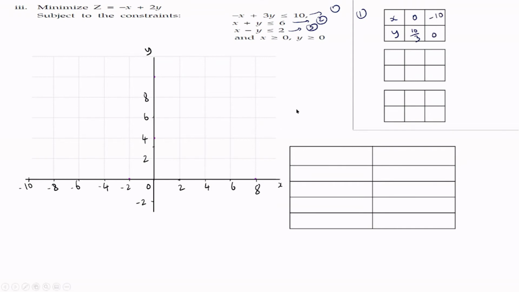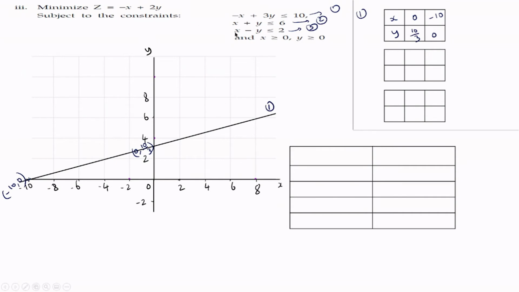So 10 by 3 is 3.33. So 0 comma 3.33 is somewhere here. This is 0 comma 10 by 3 and minus 10 comma 0. It is this point. So if we draw a line joining these 2 points, we will get the line minus x plus 3y equal to 10. So this is the line minus x plus 3y equal to 10.